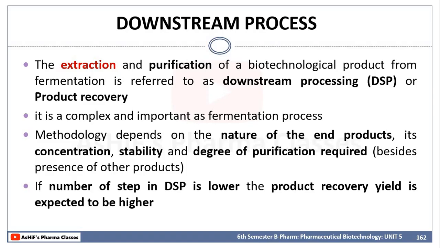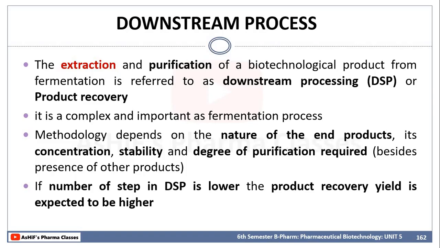It is nothing but the extraction and purification of the fermented biotechnological product which is isolated from the fermenter. There is a downtime which we have already mentioned. It is the time required to remove and condense from a fermenter after the completion of the fermentation process.